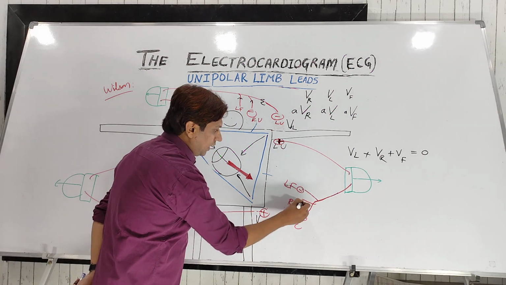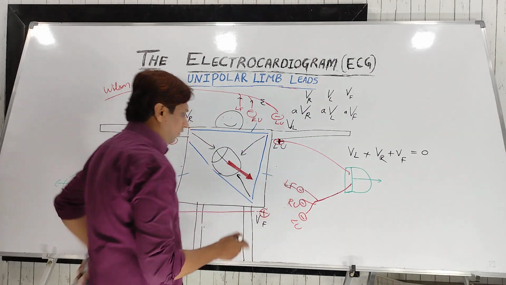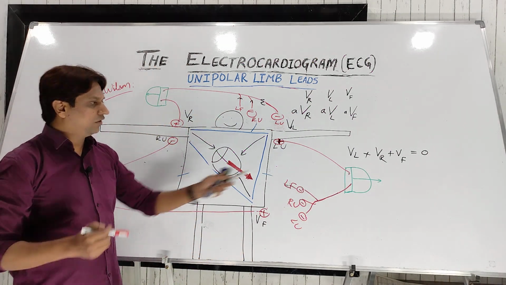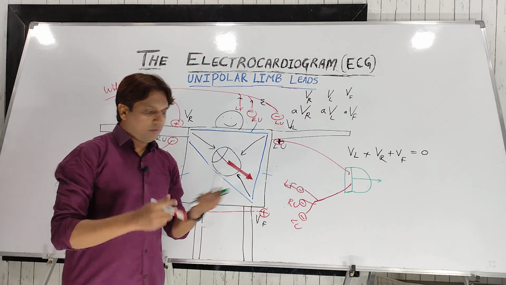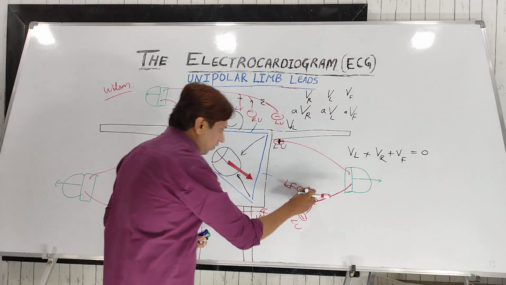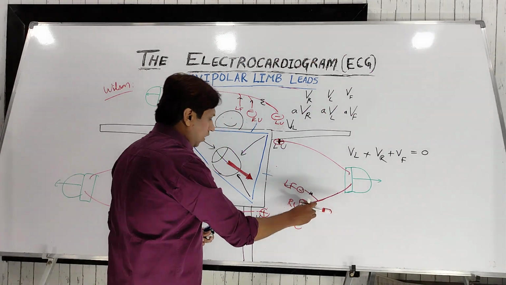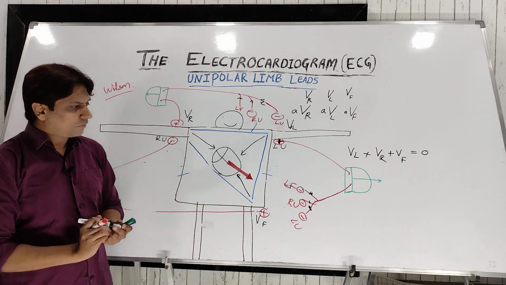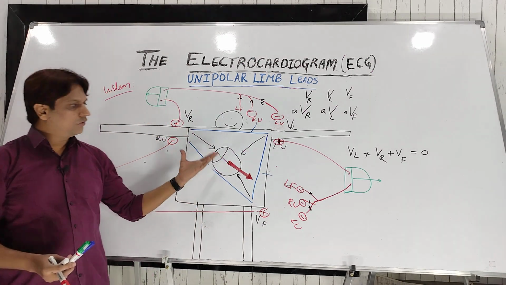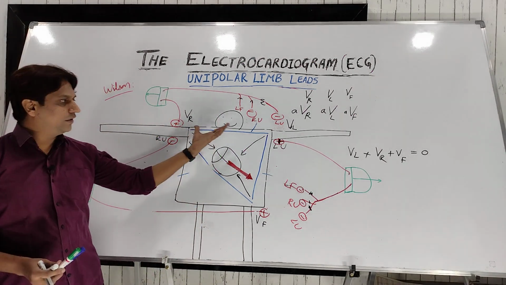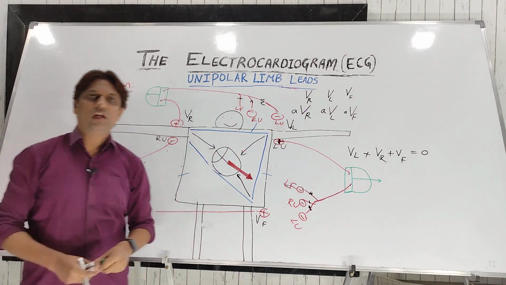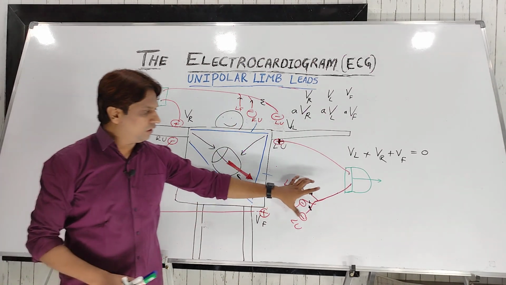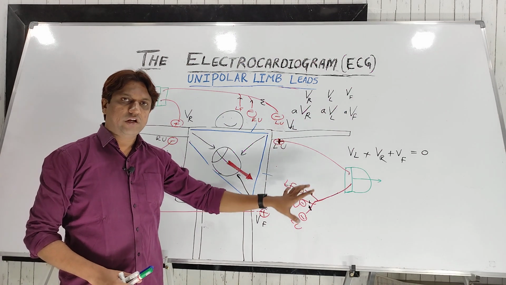When we connect the negative terminals to all the other sides, along with certain resistance, around 5000 ohms, why do we put the resistance? Because the heart is not exactly at the center and this is not exactly an equilateral triangle. So if you keep it, it will become a null electrode or indifferent electrode.